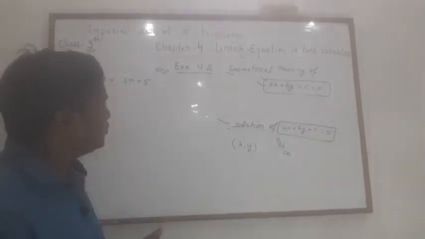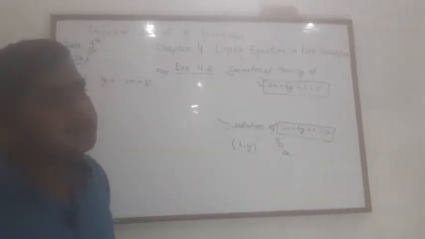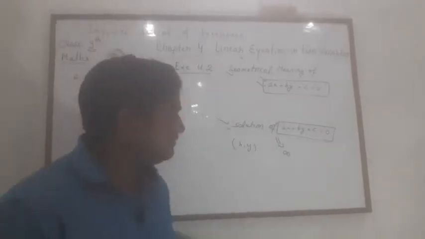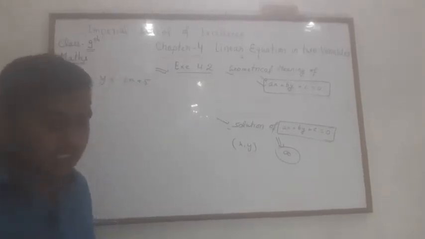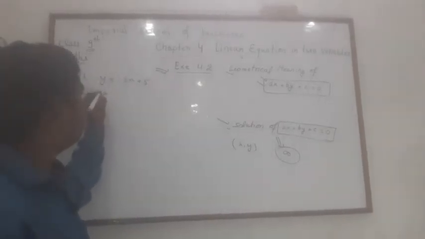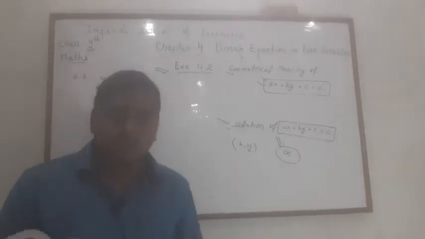I have told you that this is a linear equation, and how many solutions can a linear equation have? Infinitely many. So the right answer is the third option: this linear equation has infinitely many solutions.